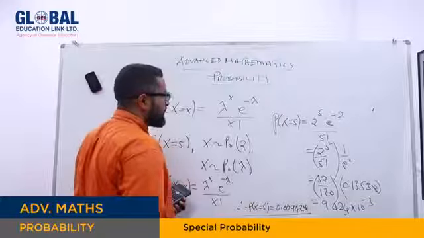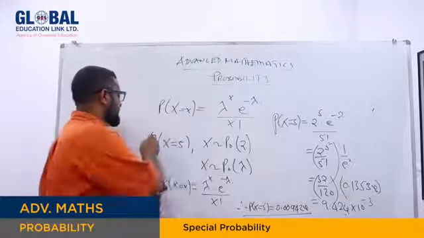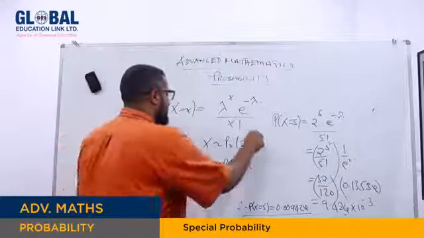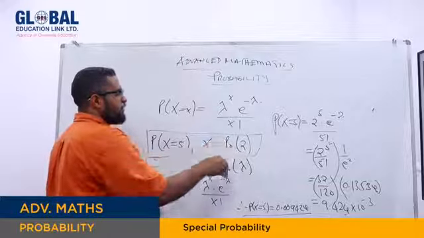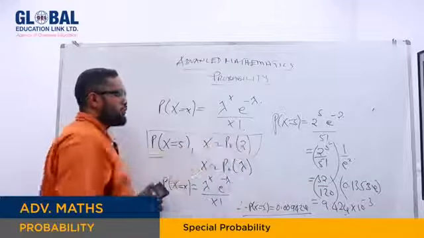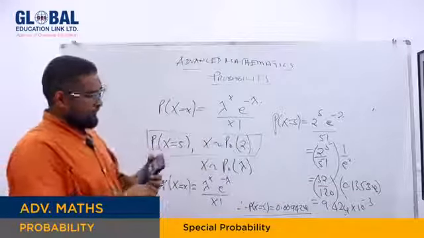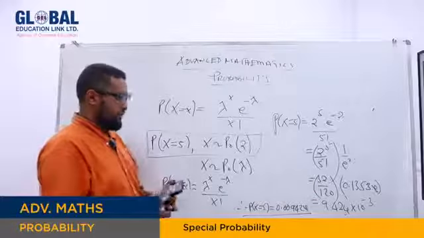So that is how to find probability when given x equal to 5, x follows Poisson of 2. That one is a simple example.